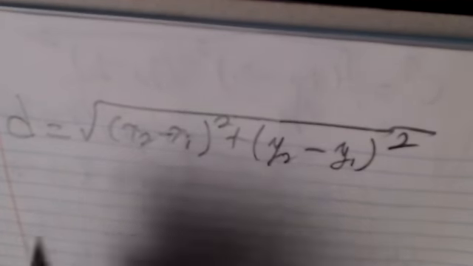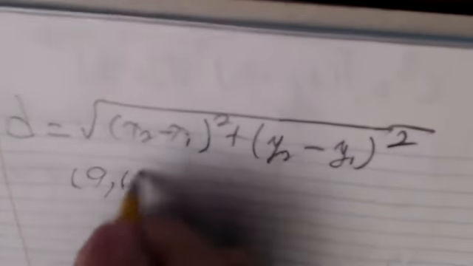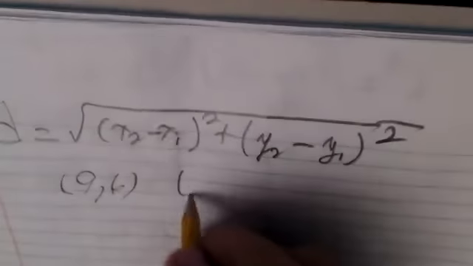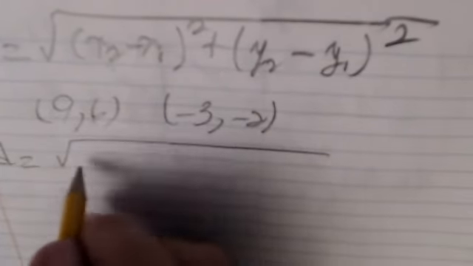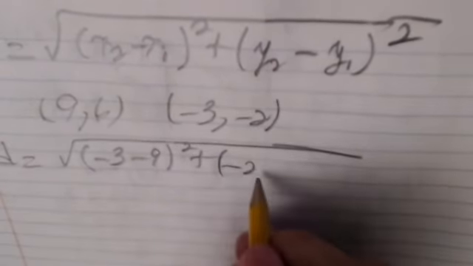On the other page over there, the 2 points were (9, 6) and (-3, -2). Now, let's just plug that into that formula. So the distance is going to be the square root of (-3 minus 9) squared plus (-2 minus 6) squared.